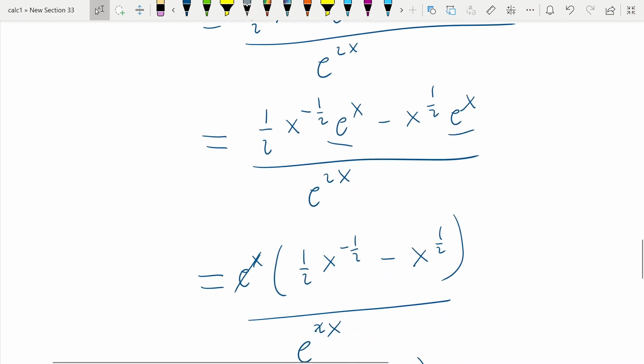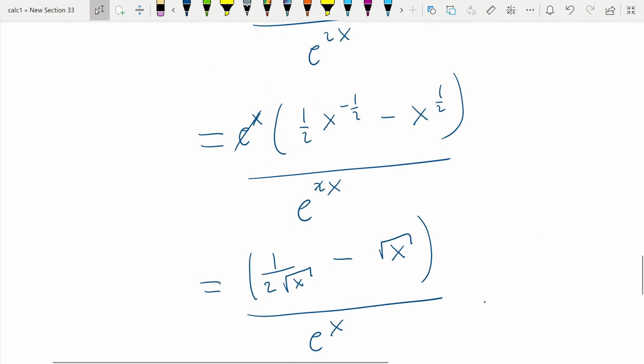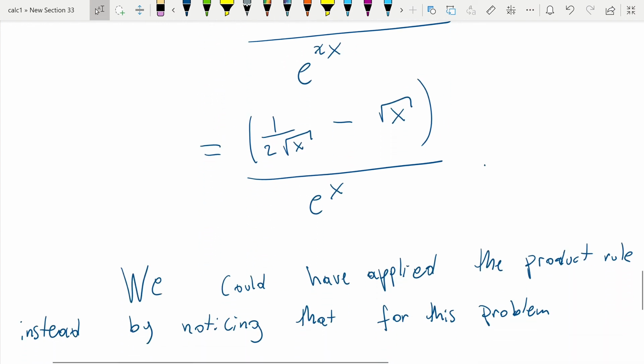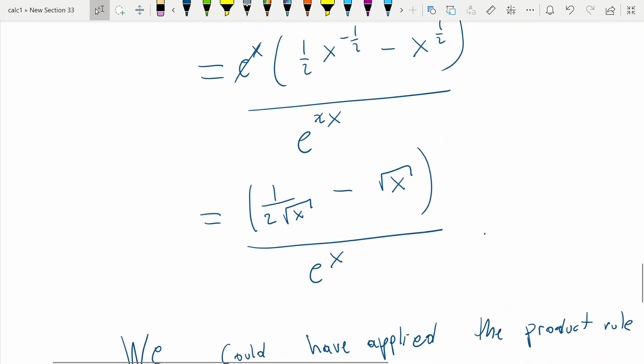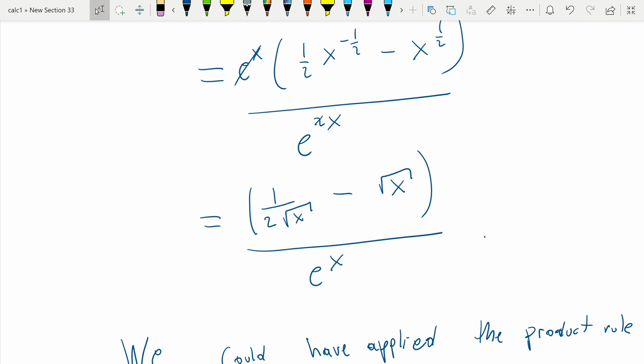Here we got an e to the 2x at the bottom, which we're able to cancel out with one of the e to the x's on top. So we have e to the 2x, and we cancel one e to the x on top, so the 2 went away, and we just got e to the x in the bottom.